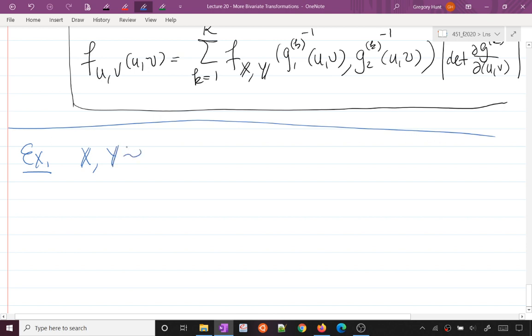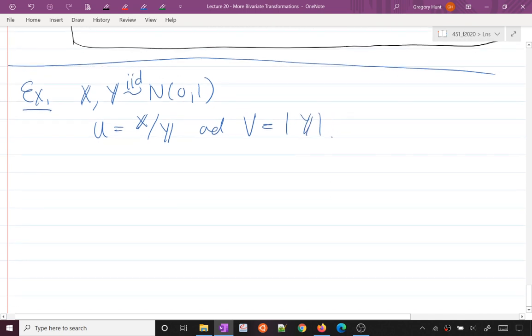X and y are IID normal 0, 1, so they're both normal 0, 1, and they're independent. Let's say u is x over y, and v is the absolute value of y. This is not an invertible transformation because of this absolute value of y.